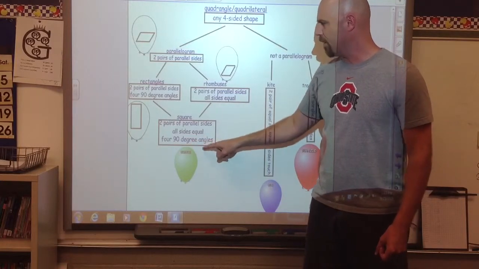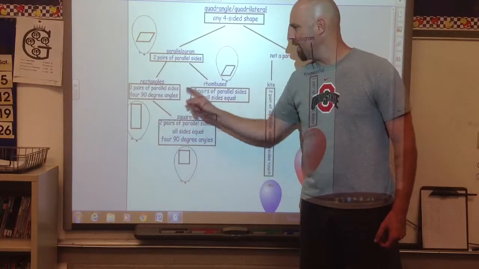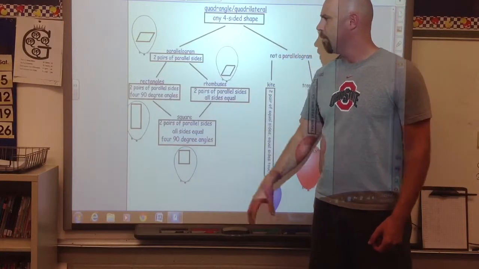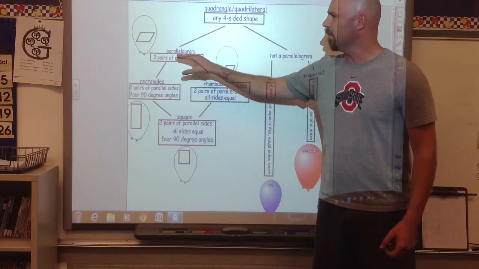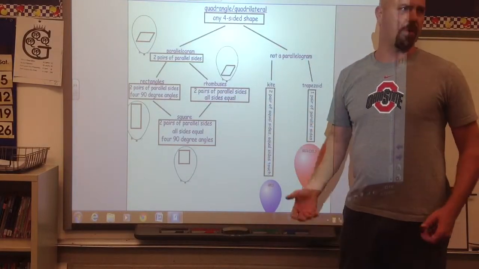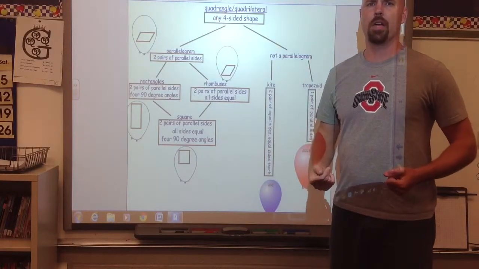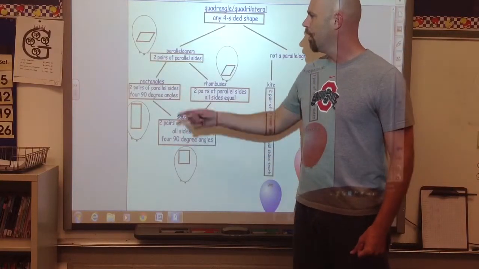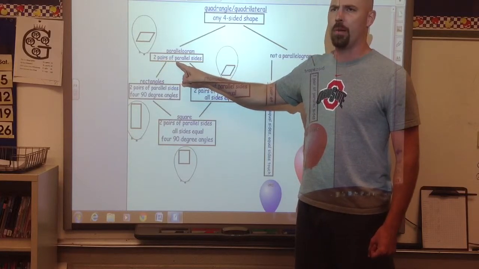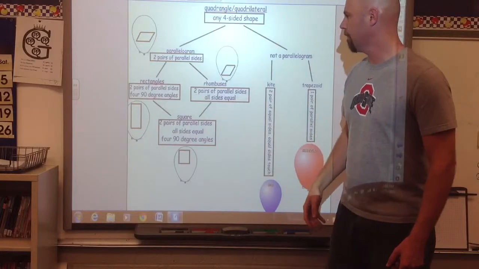Four 90-degree angles, it only got that part from its dad's side. So it's kind of a combination of these two. But all of these shapes fall under the family of parallelograms. Every single one of these is a parallelogram. So if I gave you a question on a test, I would say, is a rectangle a parallelogram? Yeah, it is. How do I know? Because that's the rule to be a parallelogram, two pairs of parallel sides. It follows that rule. Okay?